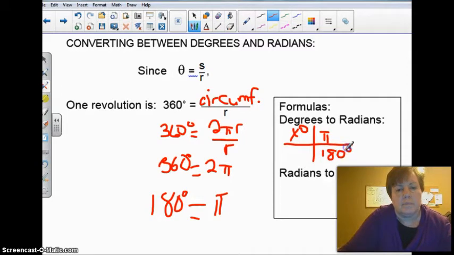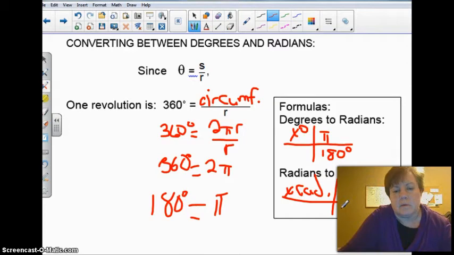The reason we need that is degrees divided by degrees, the degrees are going to effectively cancel. And then if we have radians, so we have x radians, we don't have a symbol for that, so we just write the word. I'm going to abbreviate x radians. Then in our relationship, 180 degrees needs to be on top because the pi represents 1 radian.